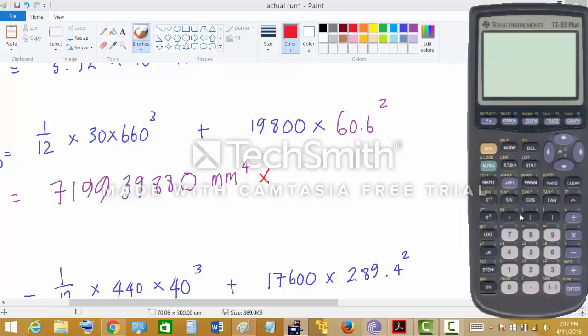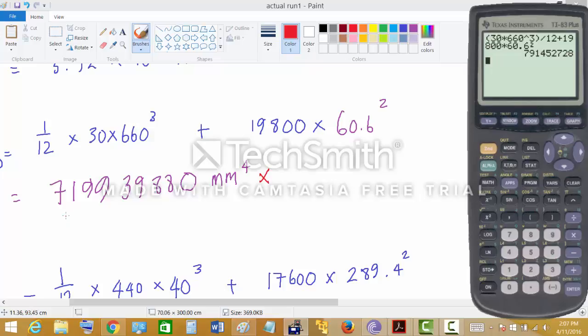We'll start from here. It's 3 is 30. Brackets, 30. It's wrong there. Let's change that.